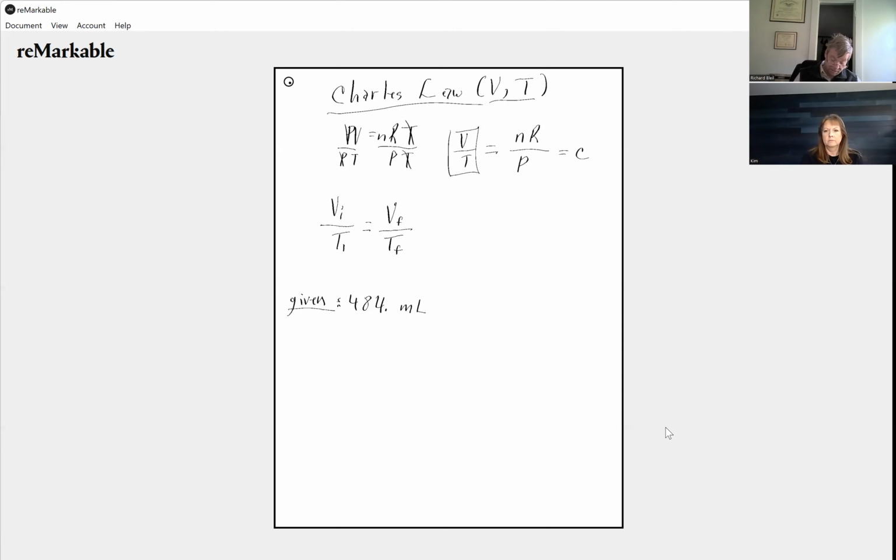But this is at room temperature. So our initial temperature is room temperature. Find the final volume if we throw it in this freezer.